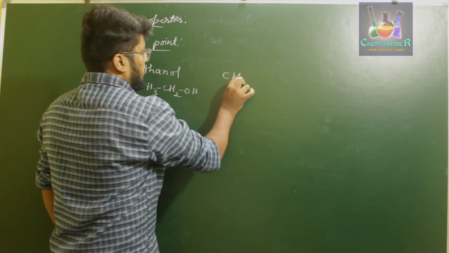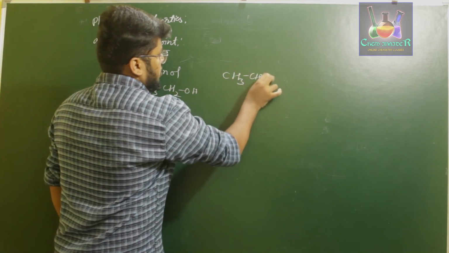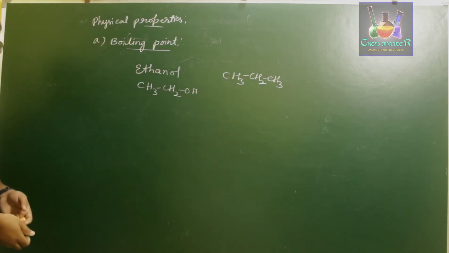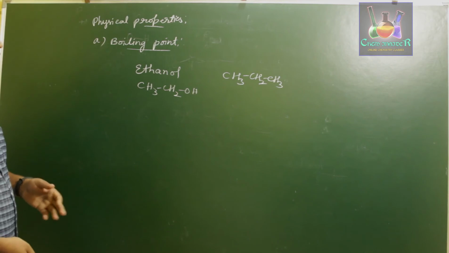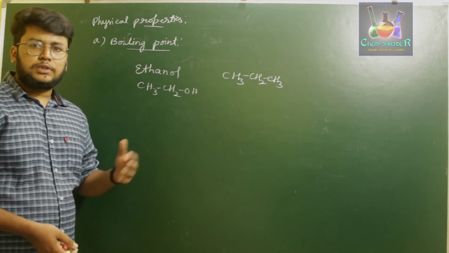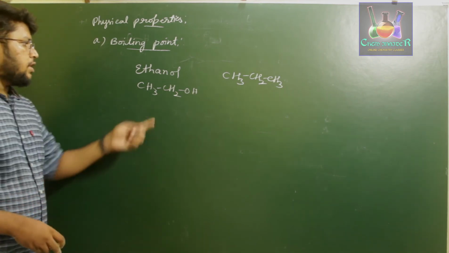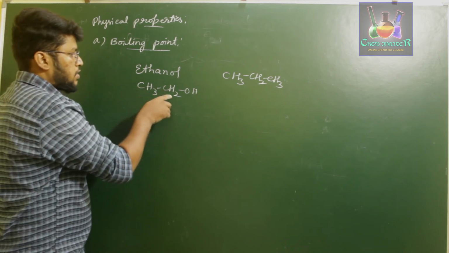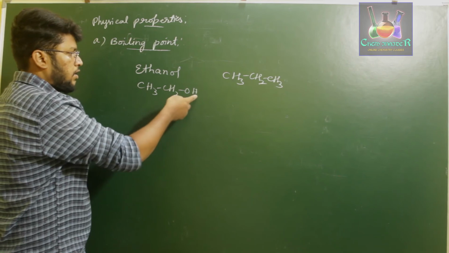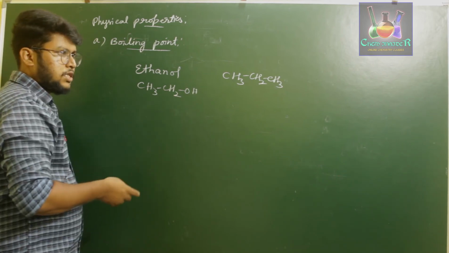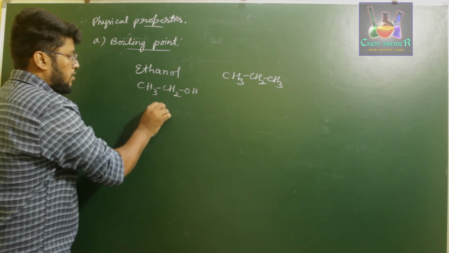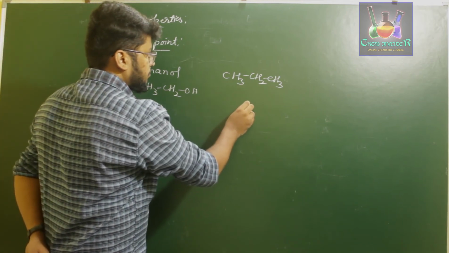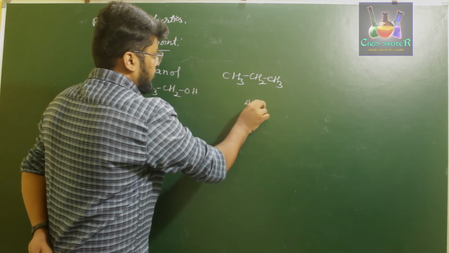Let us consider the hydrocarbon propane, CH3CH2CH3. Okay, so when we consider the boiling point of alcohol with propane of similar molecular masses, the molecular mass of ethanol is 44, whereas this is again 44.